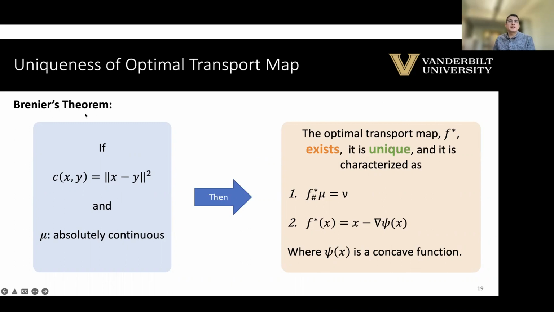For example, we have Brenier's theorem that tells us that if our transportation cost is simply the squared L2 distance between x and y, and our mu is absolutely continuous, then a transport map exists, and it not only exists, but it is unique, and it is characterized to be a gradient of a convex function, or we can think about it as identity minus gradient of a concave function, which is going to tell us that this transportation map is going to be a curl-free vector field, curl-free function. Okay.